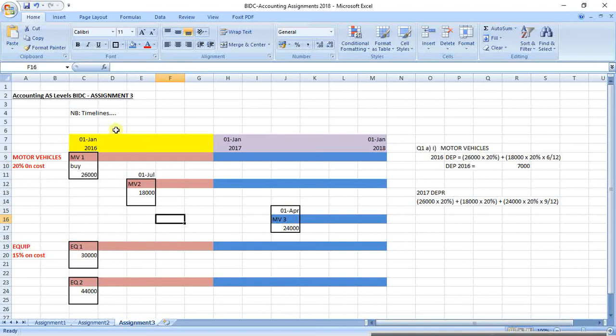Okay, next one, last one. 44,000 EQ2. That's the last asset. And then you've got all 5. Now, same dates, different amounts. 44,000.